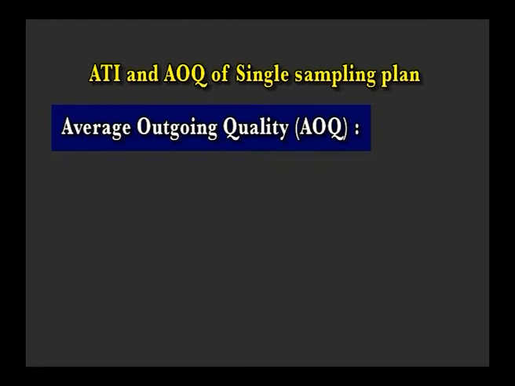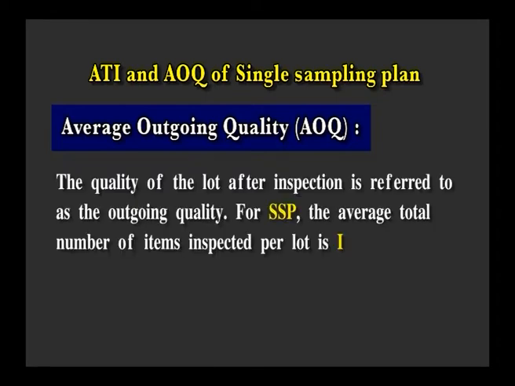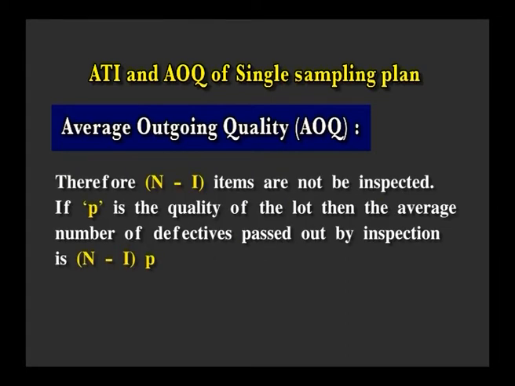Average outgoing quality of the single sampling plan. The quality of the lot after inspection is referred to as the outgoing quality. For a single sampling plan, the average total number of items inspected per lot is I. Therefore, capital N minus I items are not inspected.